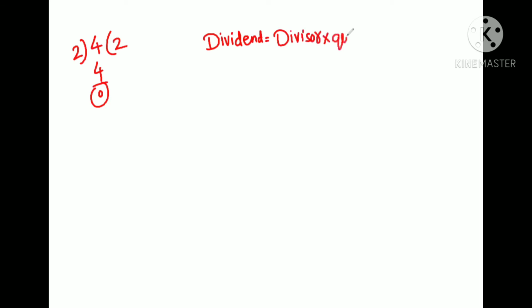Let us take some numbers. If 4 is divided by 2, 2 twos are 4 and 0 is the remainder. We can verify this according to Euclid's division lemma, that is, dividend is equal to divisor into quotient plus remainder.